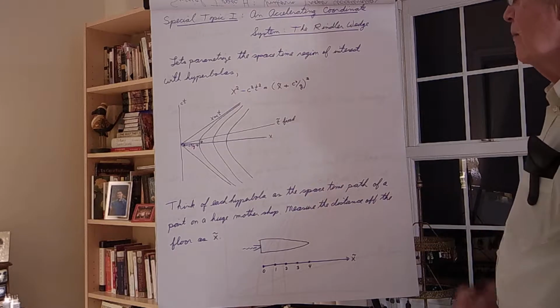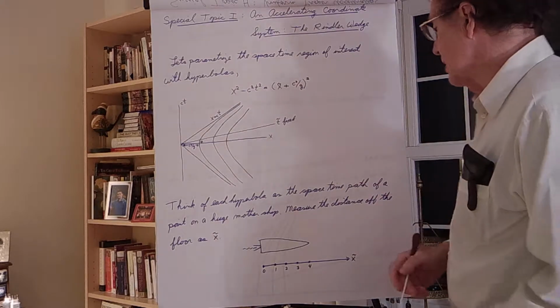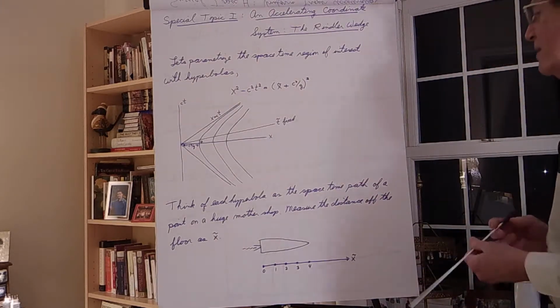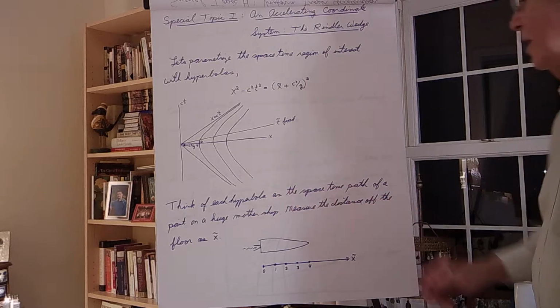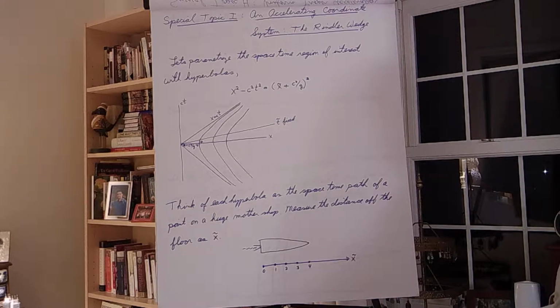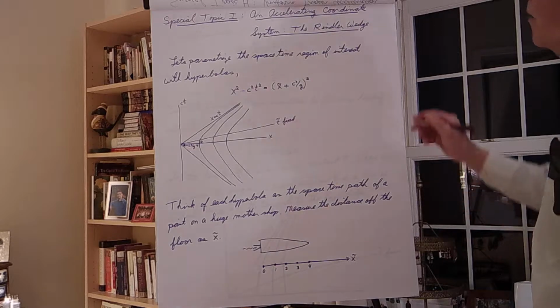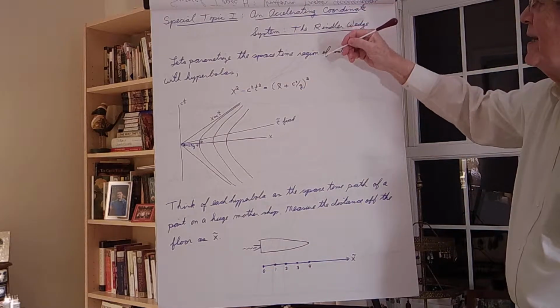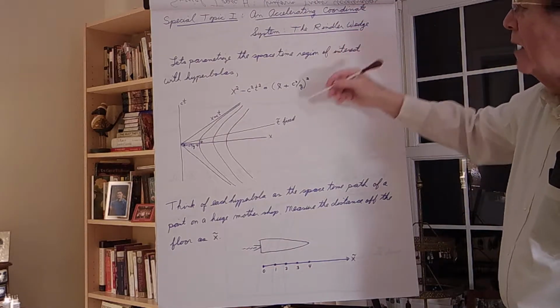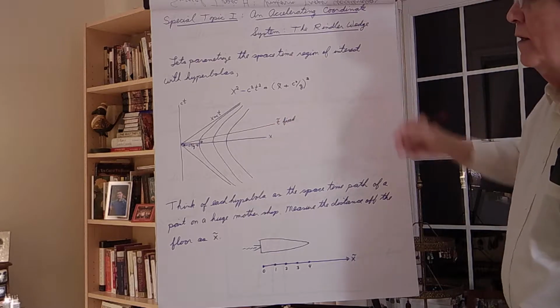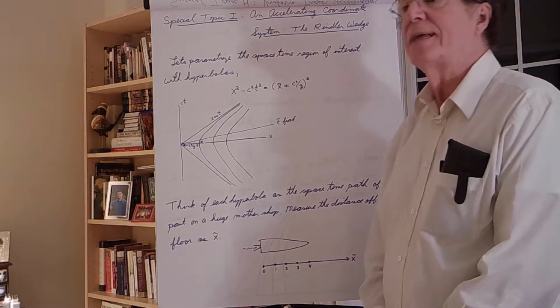I'm going to think of each of these clocks as a space-time path of a point on a huge mothership, and I'm going to measure the distance off the mothership floor as x tilde. So here it is. I imagine that when t is equal to 0, I measure the mothership's distance as x tilde.